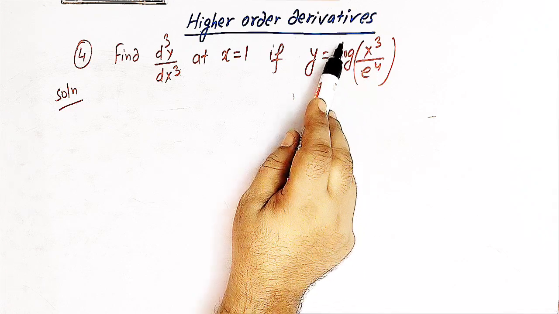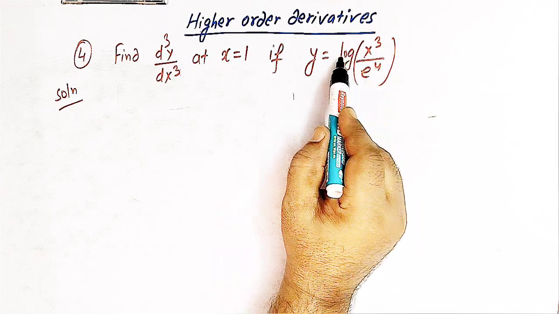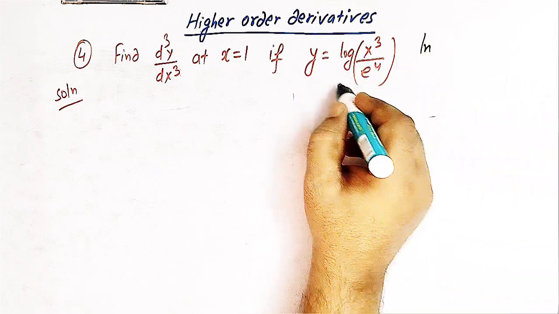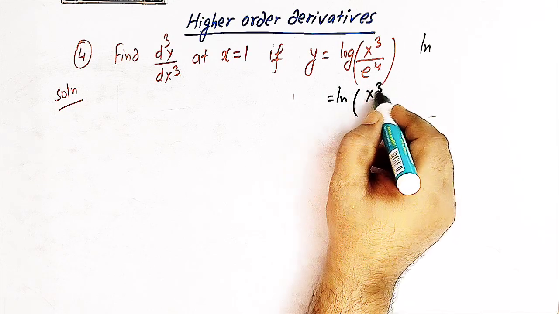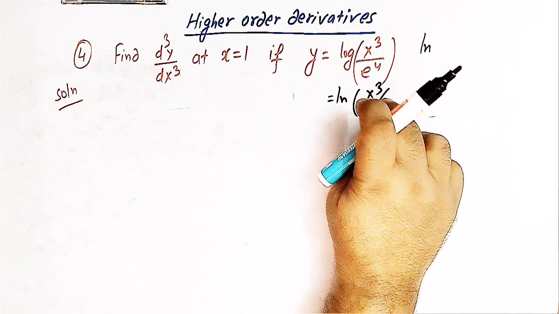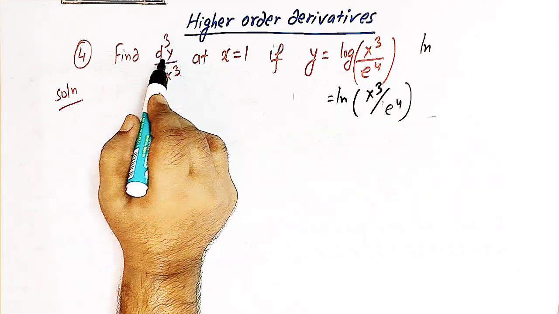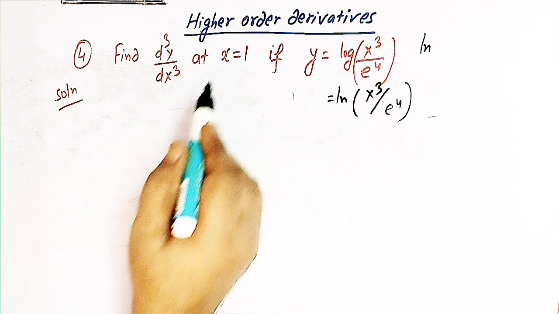Here we are considering the natural log, and we are using the notation log instead of ln. So we can also write this relation as ln of x cube over e raised to 4. First we have to find the third derivative of y with respect to x, and then we'll take x equal to 1.